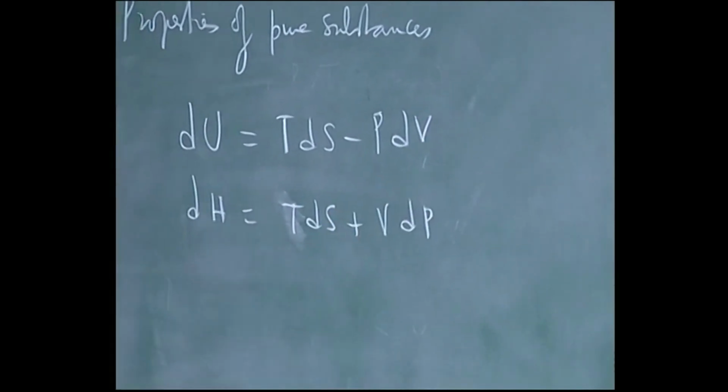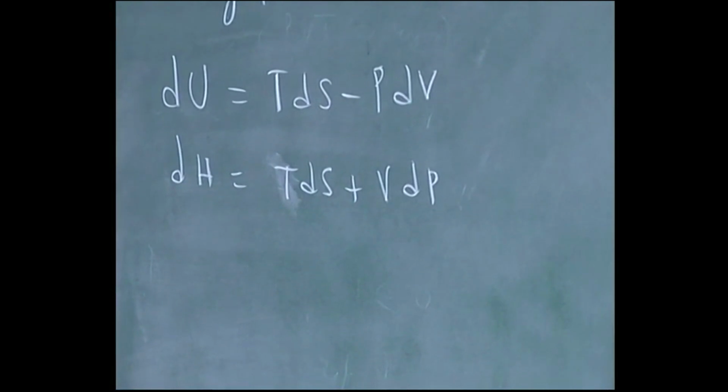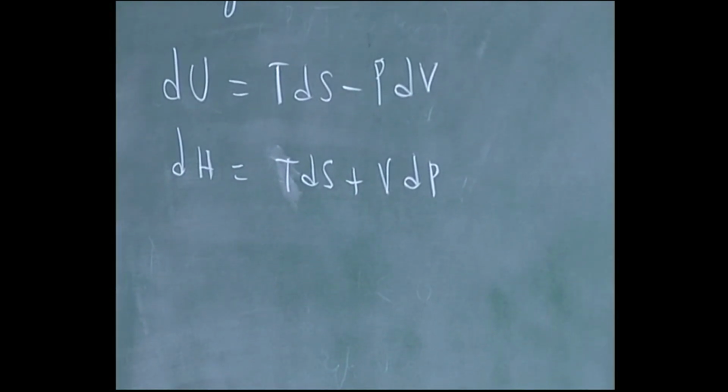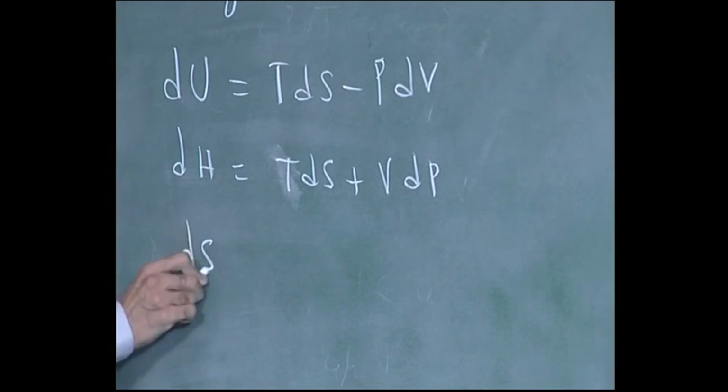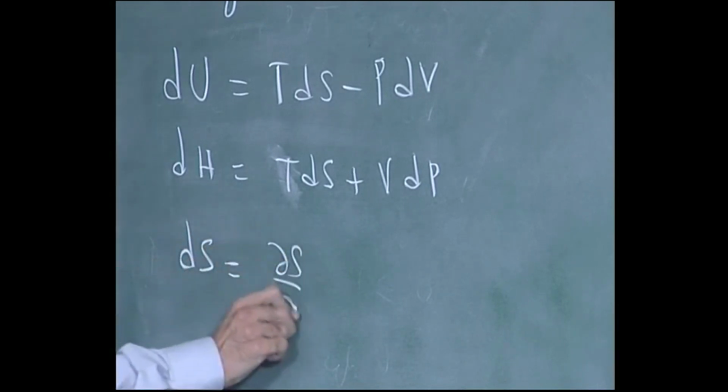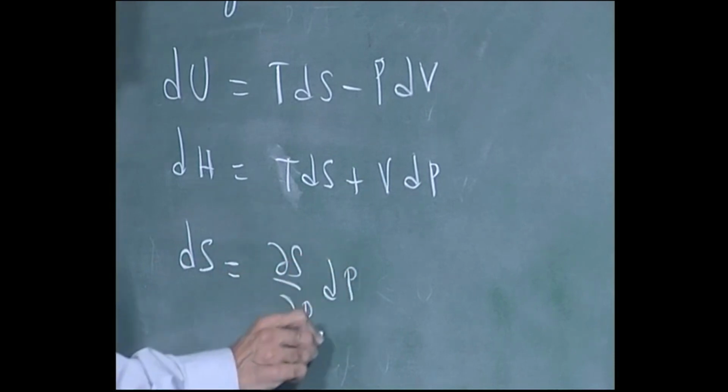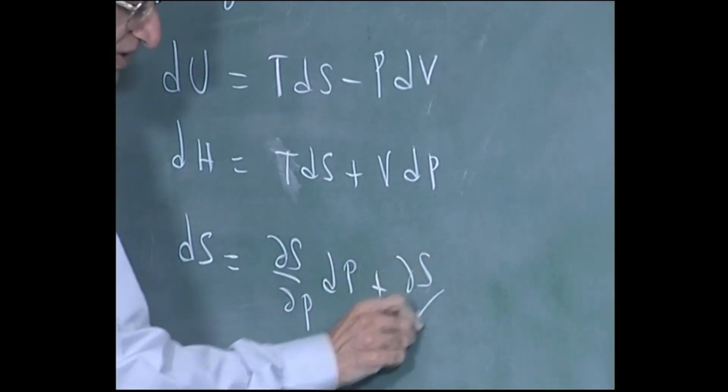As I told you, I have a choice of P and T or V and T as variables, and I want to choose the variables. I will look at this equation. So I have ds, I have to write an equation for s: ds is going to be partial of s with respect to P dP plus partial of s with respect to T dT.